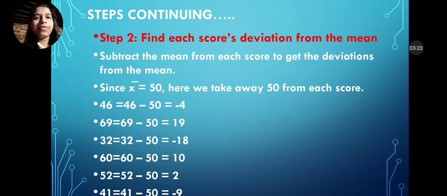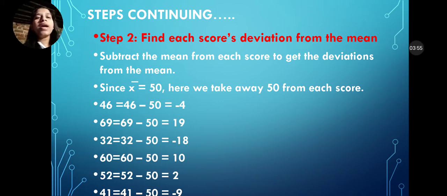The next step is find each score's deviation from the mean. Subtract the mean from each score to get the deviation from the mean. Since x bar is equal to 50, here we subtract 50 from each score. Then we will get minus 4, 19, minus 14, 10, 2, minus 9.